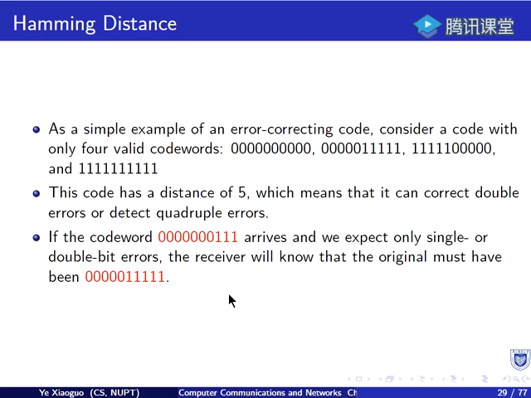This code has a distance of 5 bits, which means that it can correct double errors and detect 4 bit errors. If a code word arrives, and we expect only single or double bit errors, the receiver will know what the original must have been.